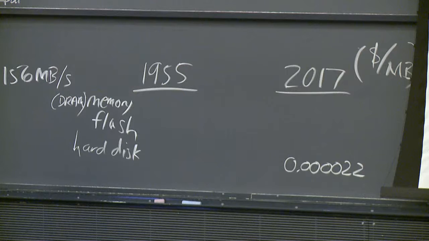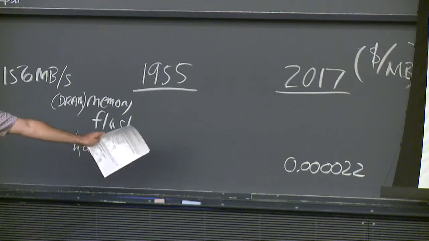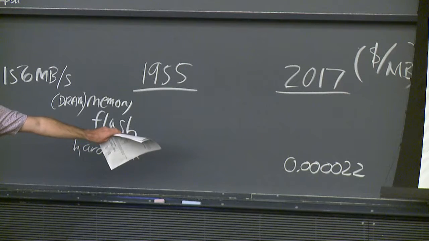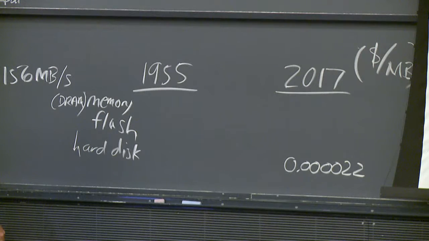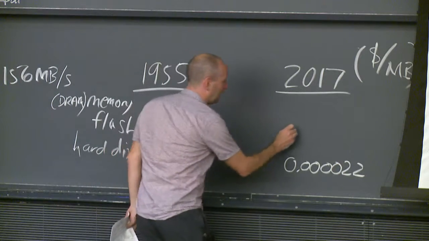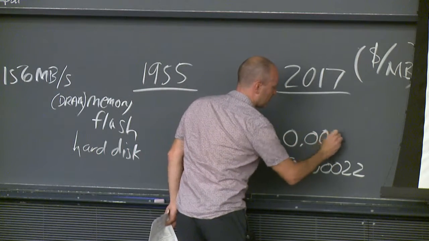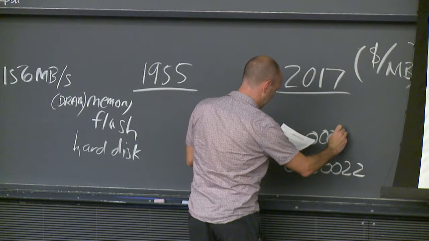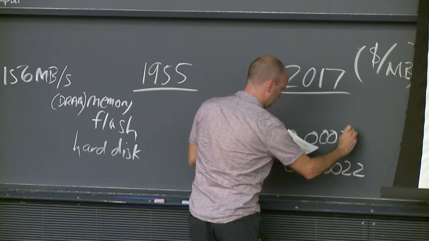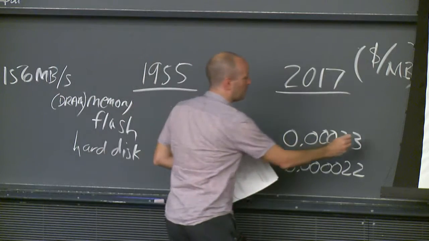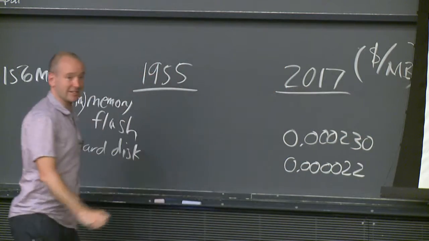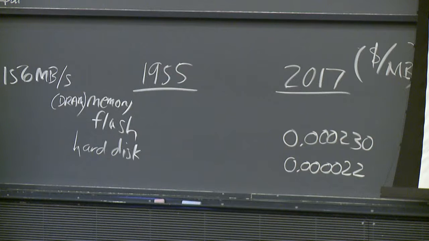For flash, now you have ground to stand on. About how much more expensive do you think flash is going to be? You're right. It is 0.00023. I'll put another 0 there just so you can see that that's 10x more expensive, but still dirt cheap.